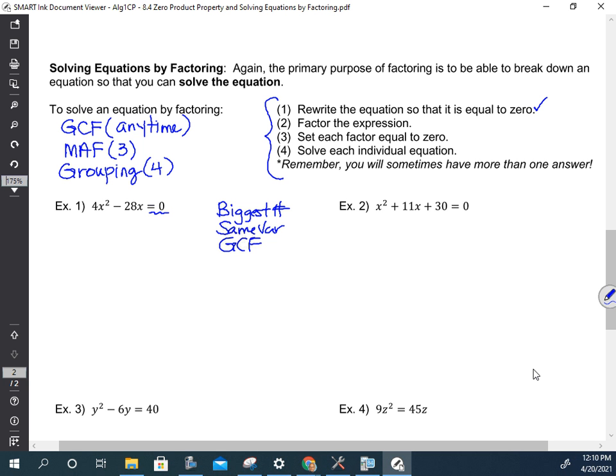Now we're going to factor. We always start with GCF. You have a 4 and you have a 28.